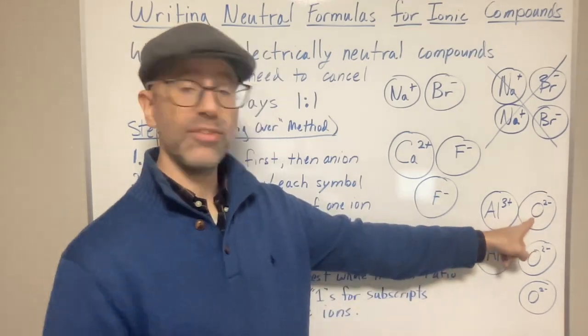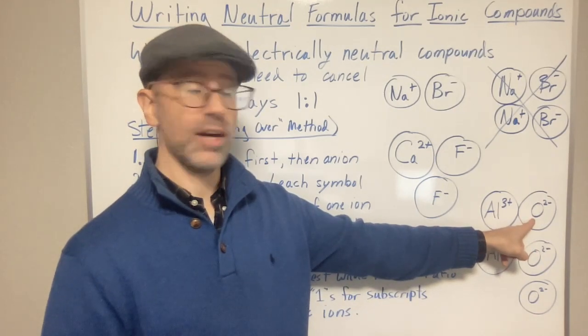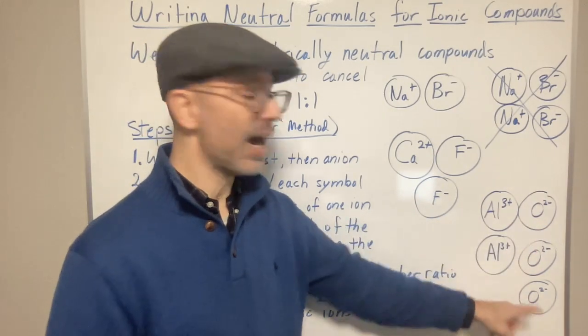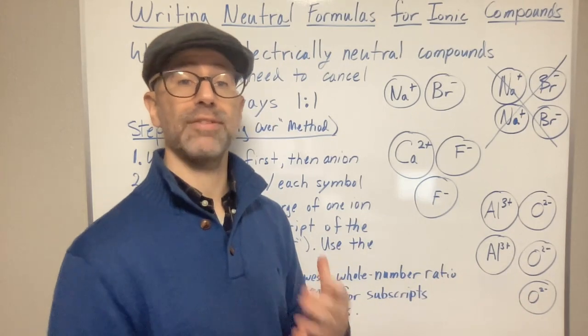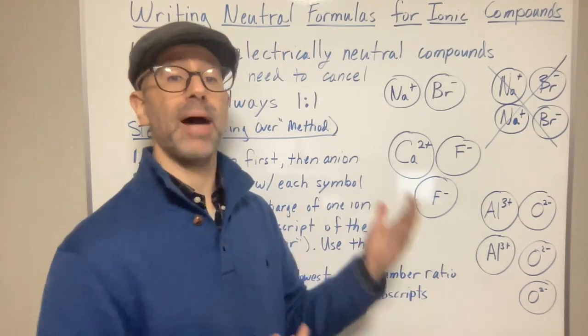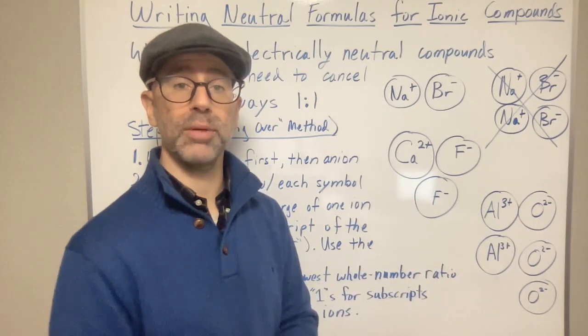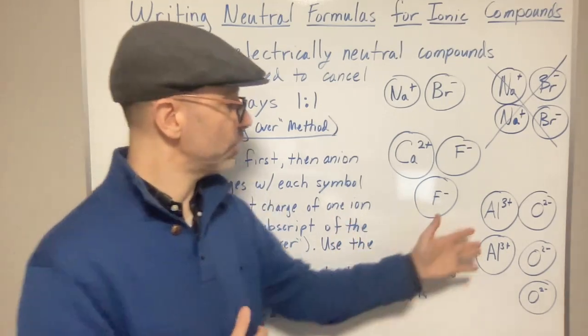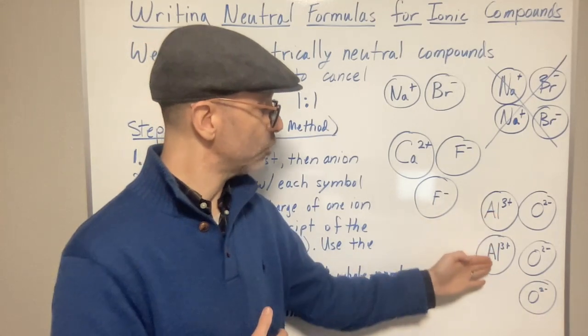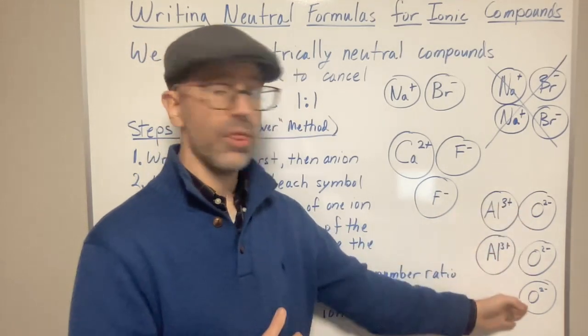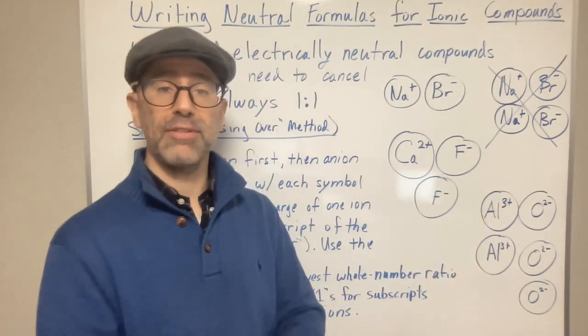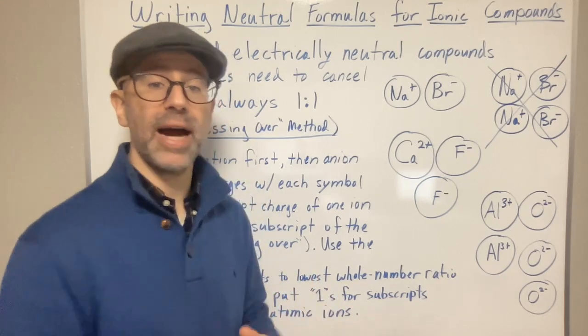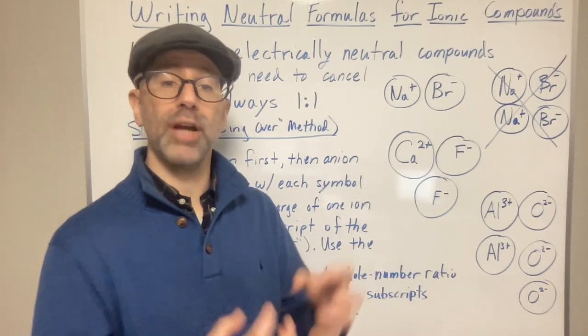The oxide ion has a -2 charge, and so you're going to need 3 oxide ions to get a -6 charge to balance the +6 of the 2 aluminum. So the formula for this would be Al2O3. And that kind of gives you an idea of what we mean by having an electrically neutral compound.